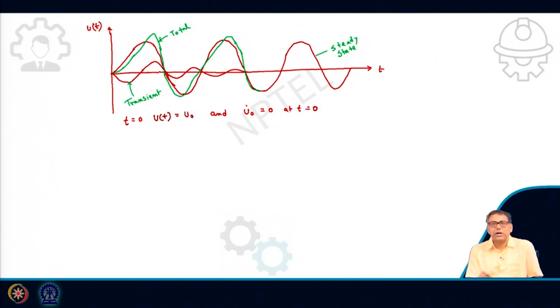So these are the two initial conditions we have considered. Now if I put these two initial conditions, then I will get the C1 and C2 values.